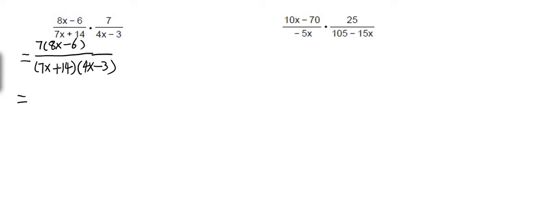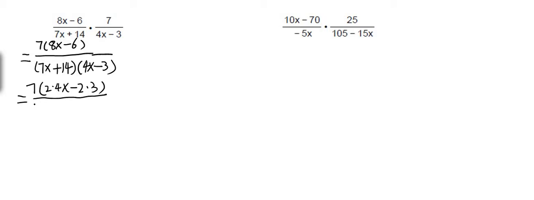Okay, so now for the numerator 8x minus 6, clearly we can try to factor this polynomial. We have 2 times 4x, right? 8 can be factored as 2 times 4. And 6 can be factored as 2 times 3, right?